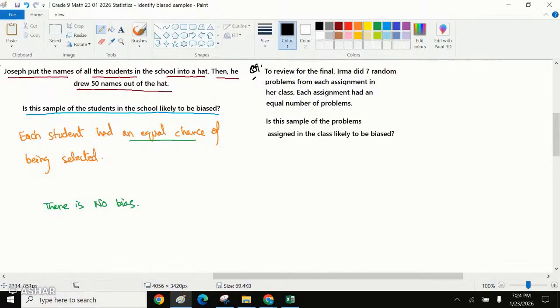We read the question again. To review the final, Irma did 7 random problems, right? Whenever the word random is used, it means you did not have a choice, you did not select. That is totally random. Each assignment had an equal number of problems. It was random with an equal number of problems. So once you do a random thing, there is never a bias.